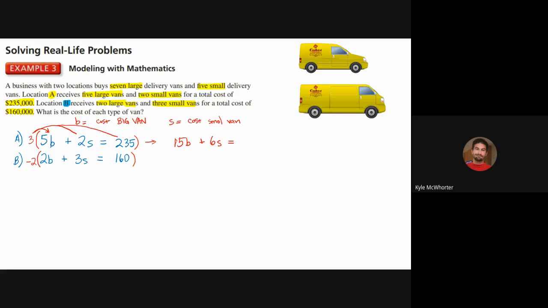That's going to be my calculator friend helping me. Three times 235 is 705.